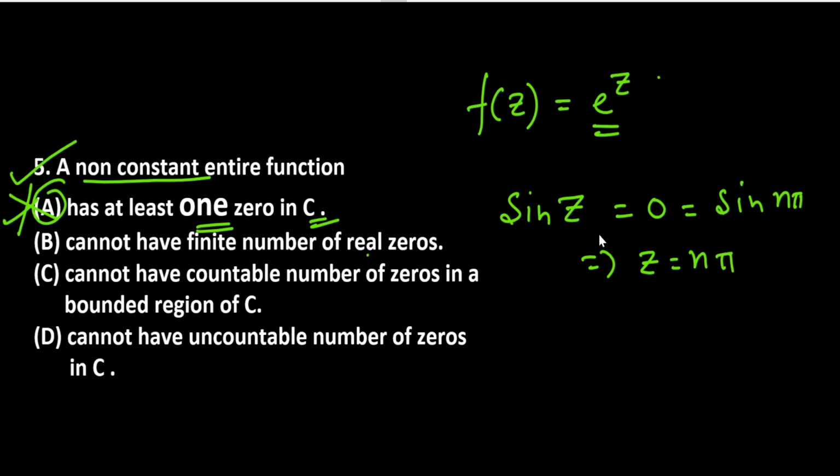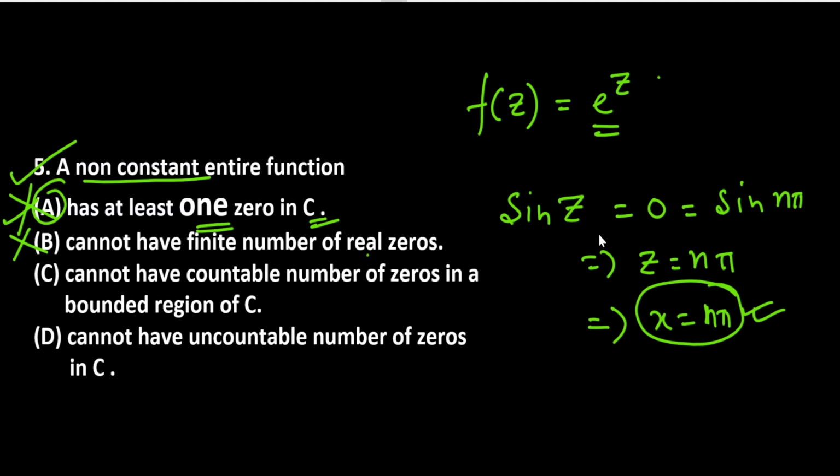Z equal to x plus iota y, so this gives x equal to n pi. And if we take any bounded region, then it has a countable number of zeros, which you can say finite. Therefore we can discard option B also.